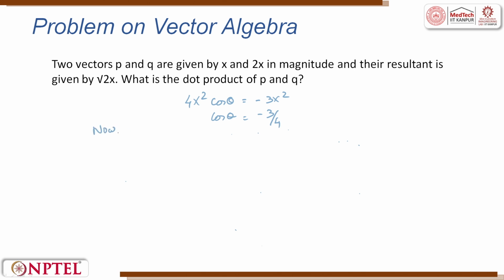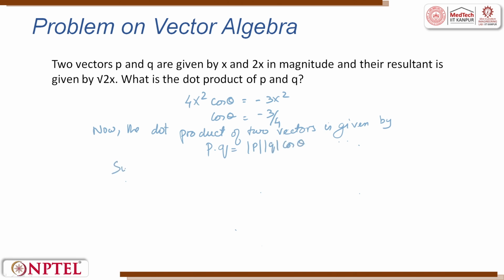Now, the dot product of two vectors is given by p dot q equal to p modulus q modulus cos theta.